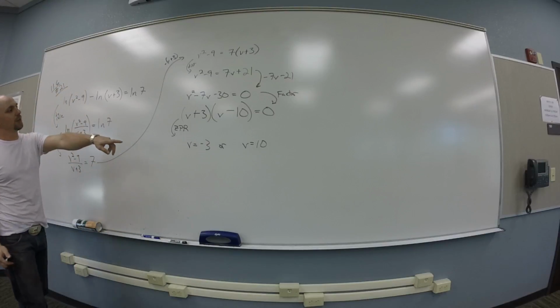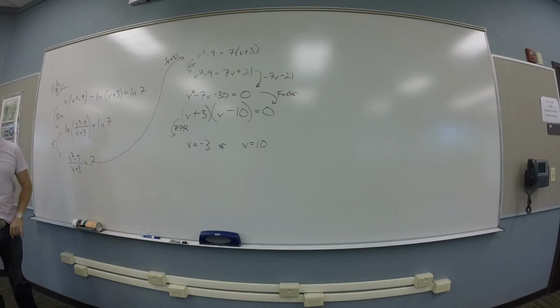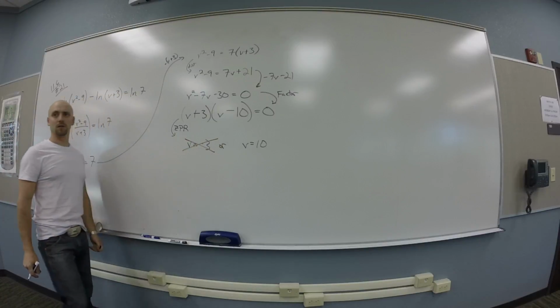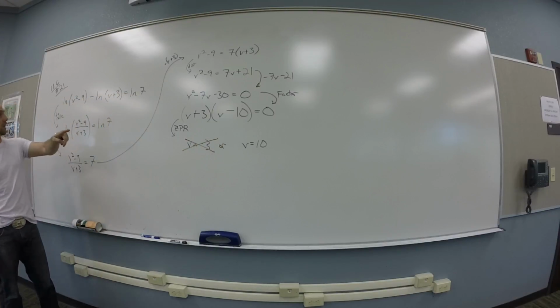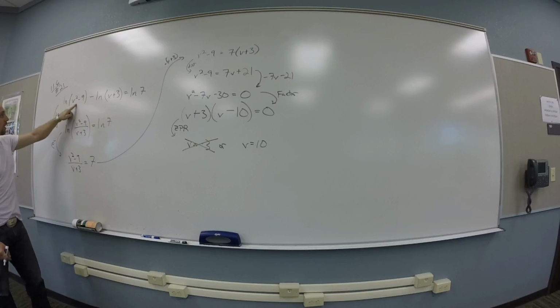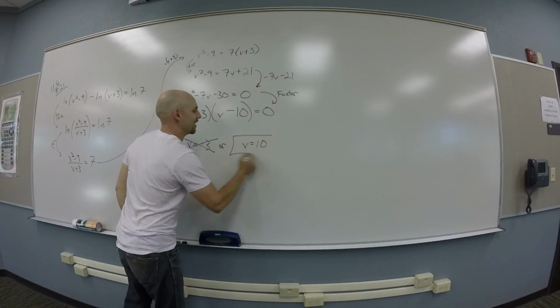If I plug in -3 into either, what do I get out? Zero. Okay, that one doesn't work. And 10, I get positive 13 and 91. Okay. I'm willing to buy that one works.